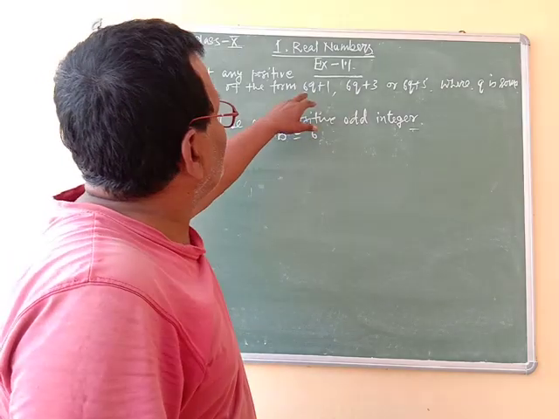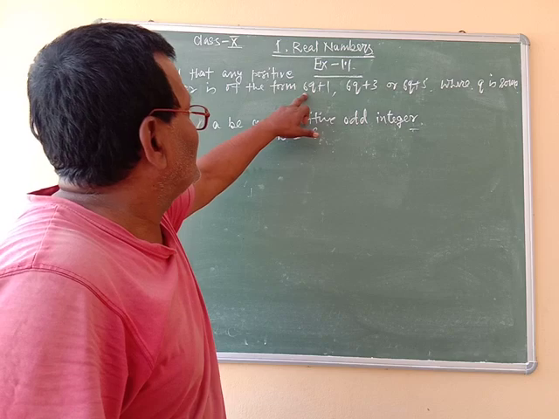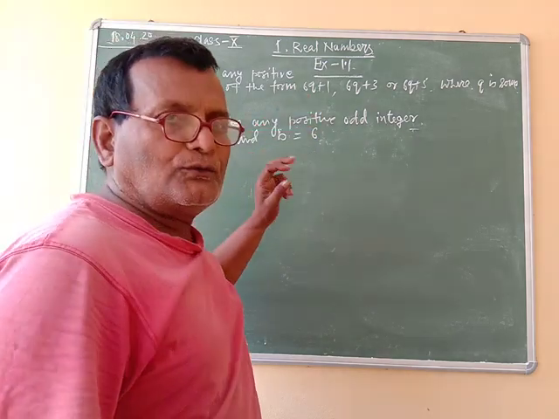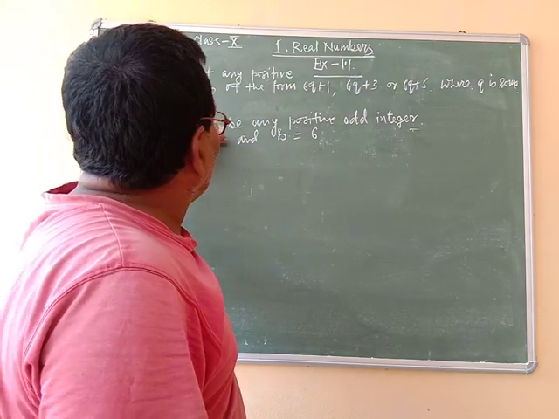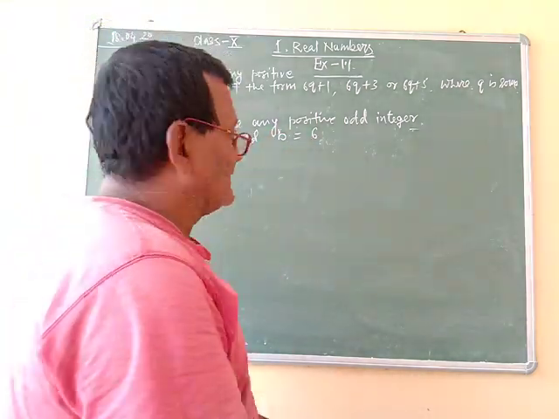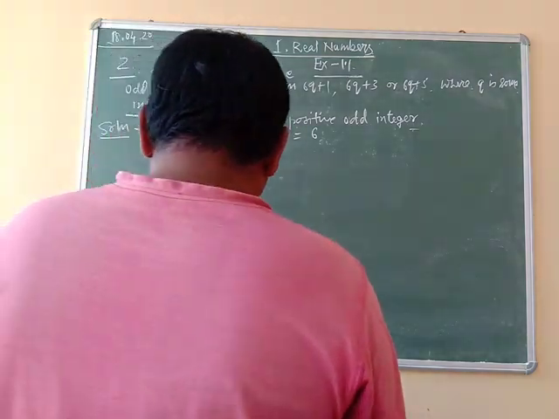If 3 is given in place of 6, then you take b equal to 6, and a is any positive odd integer.